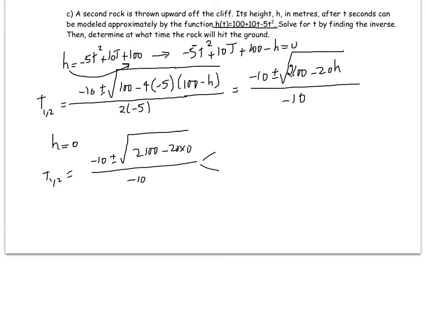This will give us two values. If we go with the addition here, we get negative 3.5, which we are not going to accept because time has to be positive. If we go with the negative root, we are going to get 5.58 seconds, which is acceptable. So we say after 5.58 seconds, the rock will hit the ground.